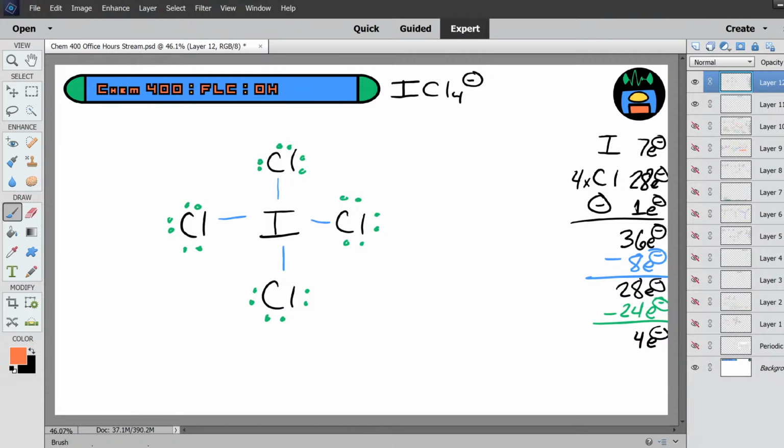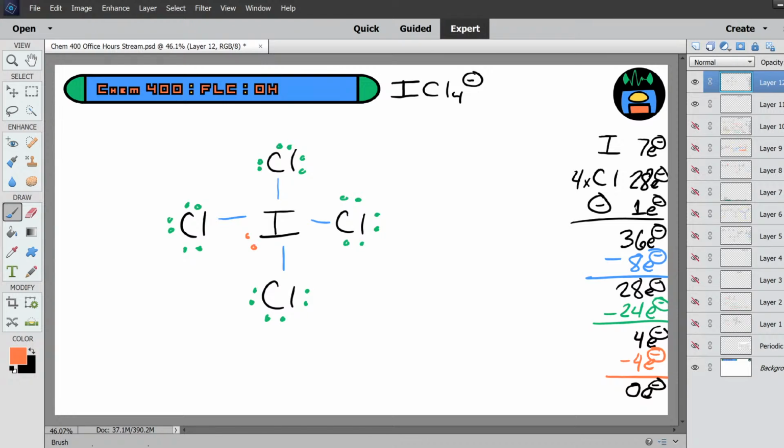Fortunately for us, we have multiple atoms that are allowed to break the octet rule. So we theoretically could give them to iodine or any one of these chlorines. It's actually only correct to give it to iodine, however, and I'll show you why in just a second. But first, let me add these in.